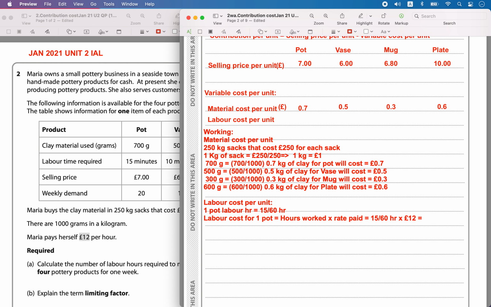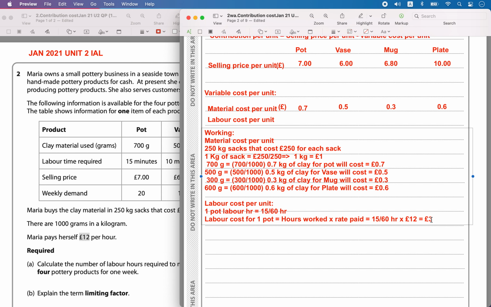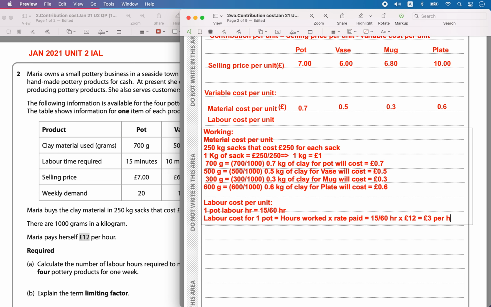So that is going to be equal to 15 divided by 60 into 12, that is equal to 3 pounds. So she is going to get 3 pounds.